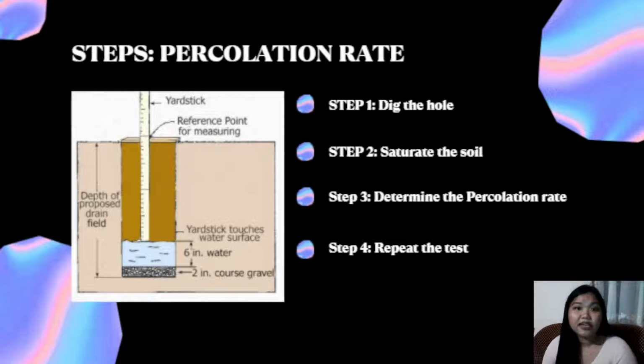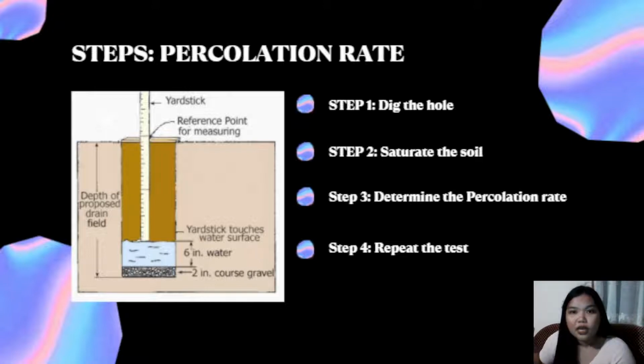You need to divide this number by 150 to determine the average time it takes the water level to drop 1 mm. This is called the VP number.